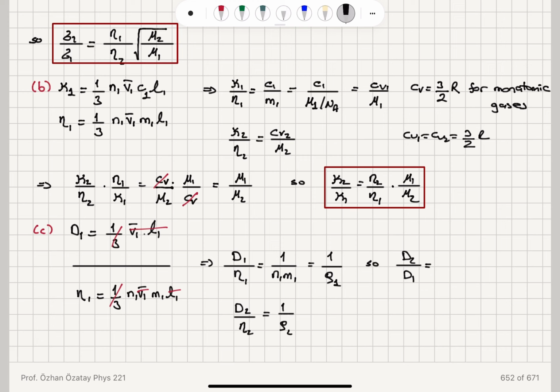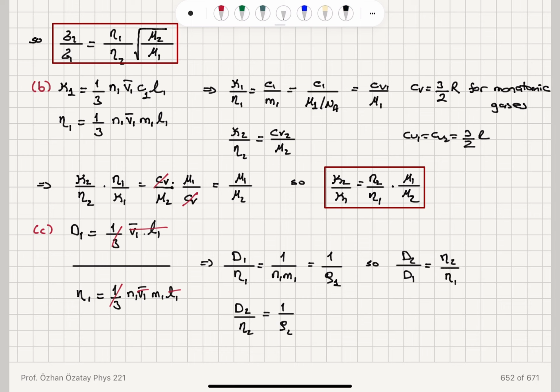So when I take the ratio of these two, diffusivity 2 over diffusivity 1 will have rho 2 on top, and eta 2 will go on top. So we will have eta 2 over eta 1.